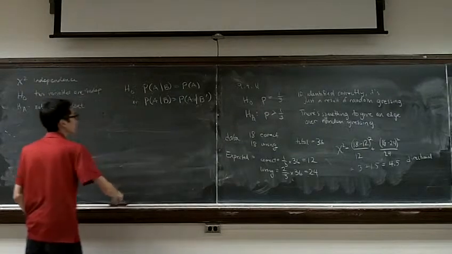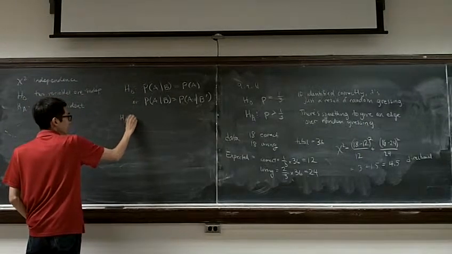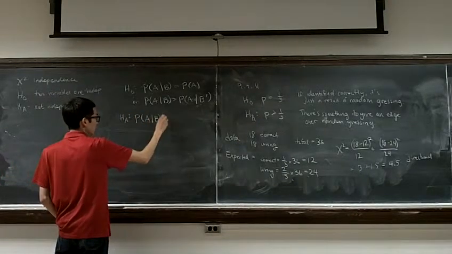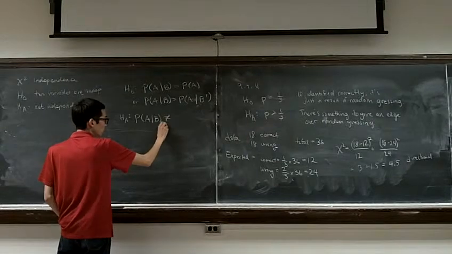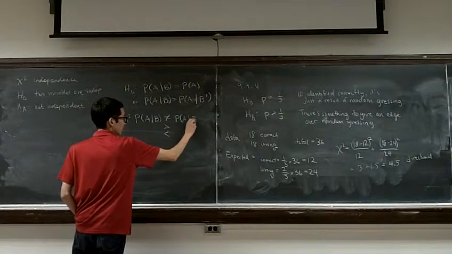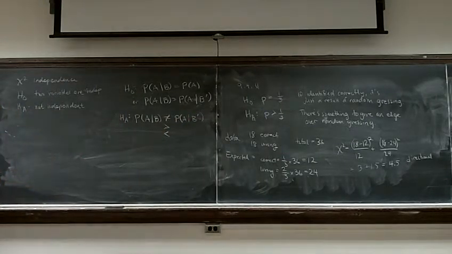Get rid of those. And then, if this is your null, your alternative could be that probability of A given B is not equal to, or it could be greater than or less than probability of A given B complement, if you decided to go with that.